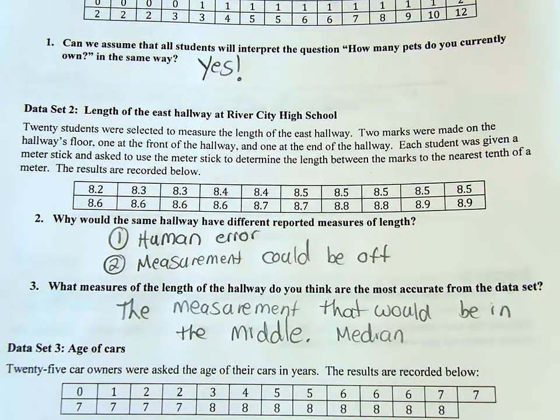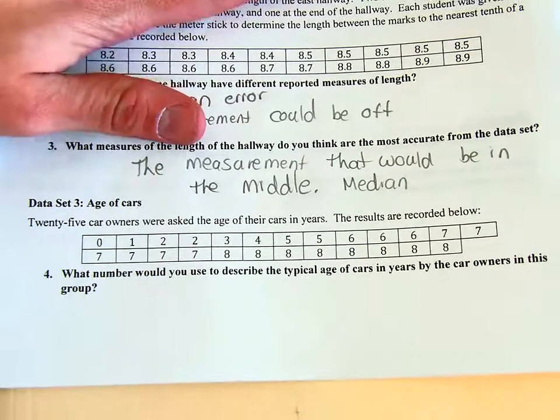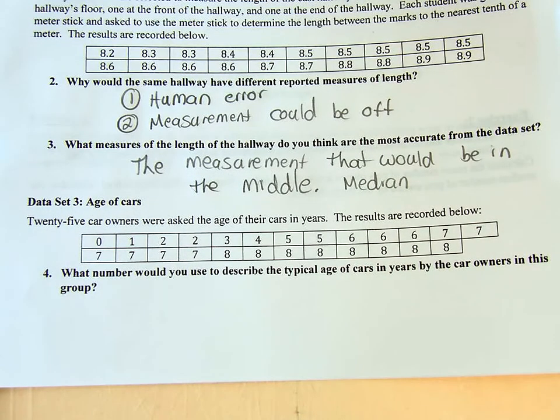Okay. So now let's look at the last one, data set 3. They say age of cars. So 25 car owners were asked the age of their cars in years. The results are recorded below. They want to know, what number would you use to describe the typical age of cars by the car owners in this group? Basically the number that I would choose is the one that happens most frequently.